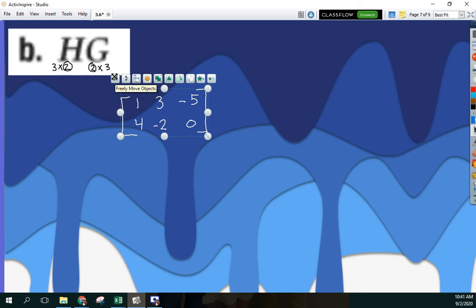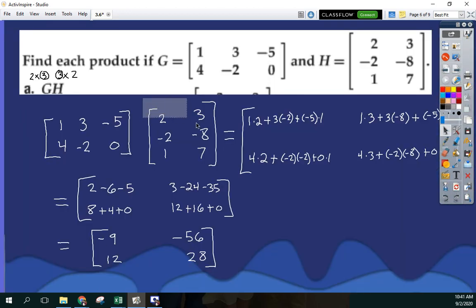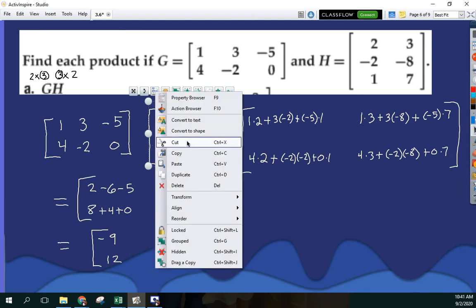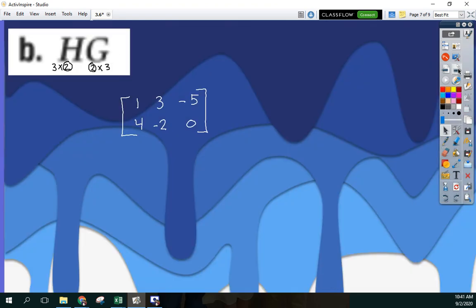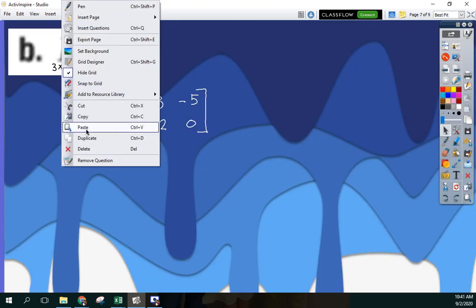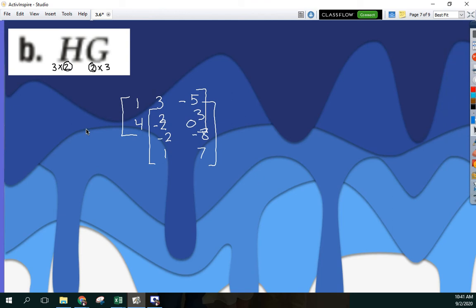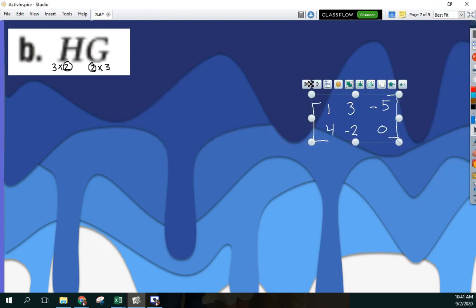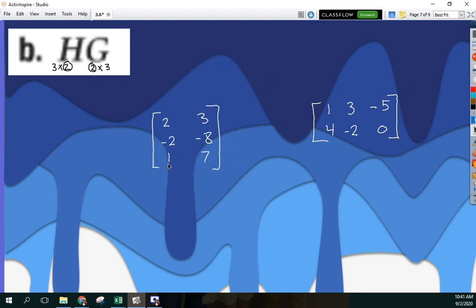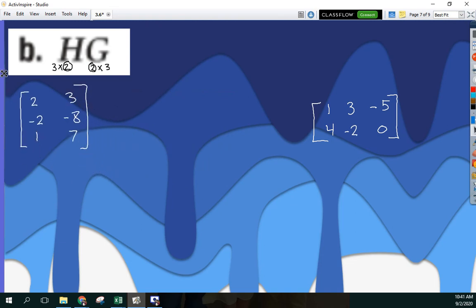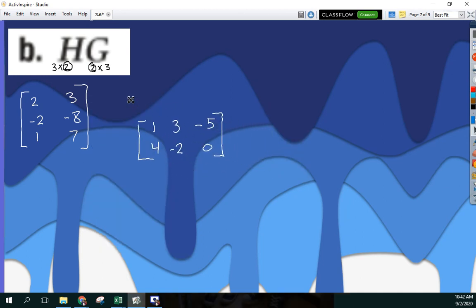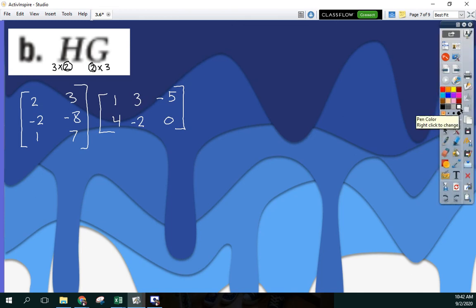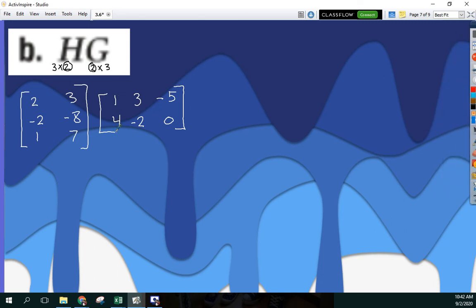So getting my problem set up. So this time we have H times G. All right, so again, we want to look at that first row, so 2, 3, and our first column.